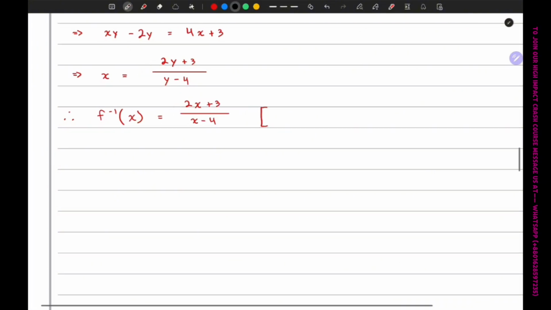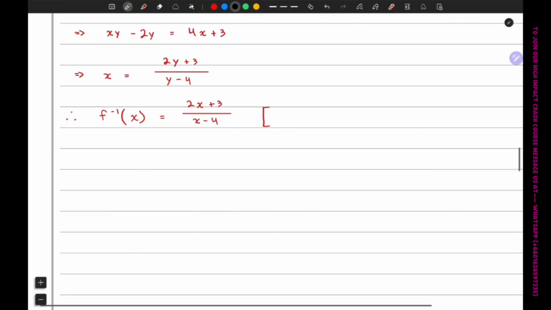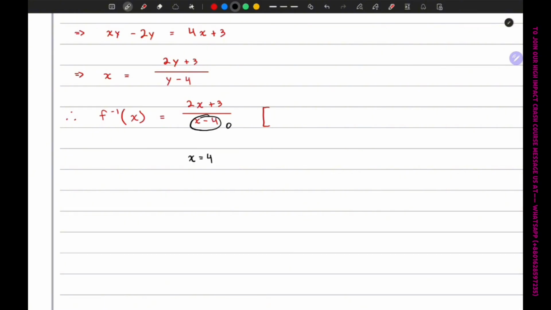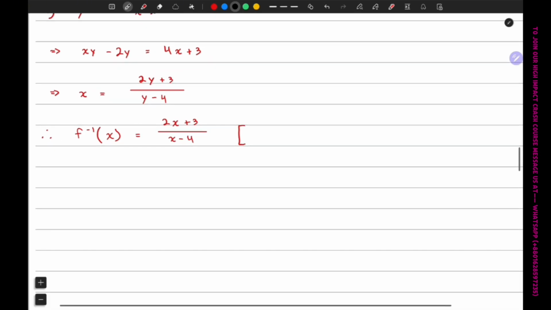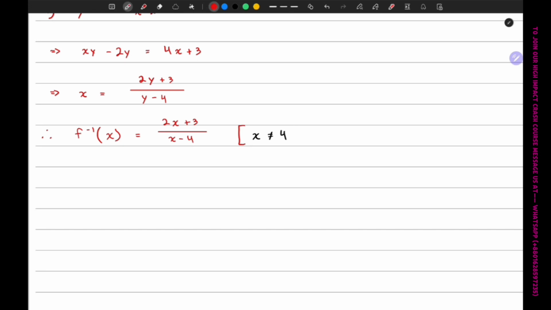Now in order to find the domain, if we have a reciprocal function like this, the denominator cannot be 0. If we substitute the value of x equals 4 into this function, the denominator becomes 0. And you cannot divide anything by 0. So x can be anything but 4. So that is the domain of the inverse function.